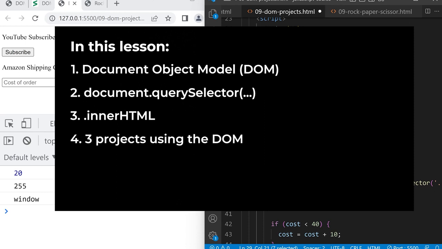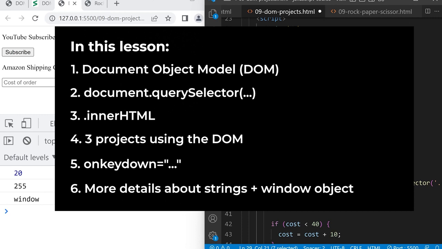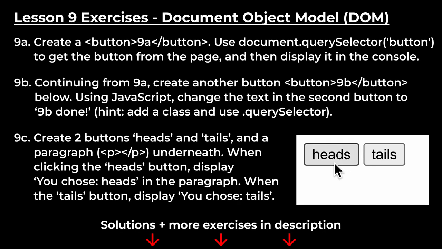We worked on 3 projects using the DOM. We learned how to make elements interactive with the keyboard using onkeydown, and we learned some more details about strings, as well as the window object, which represents the browser. Here are some exercises you can do on your own to practice using the DOM.